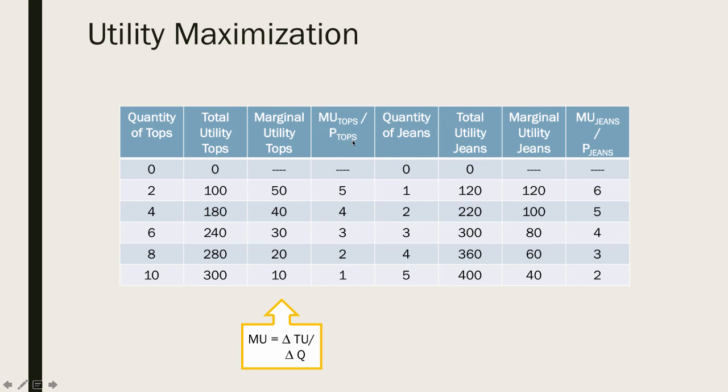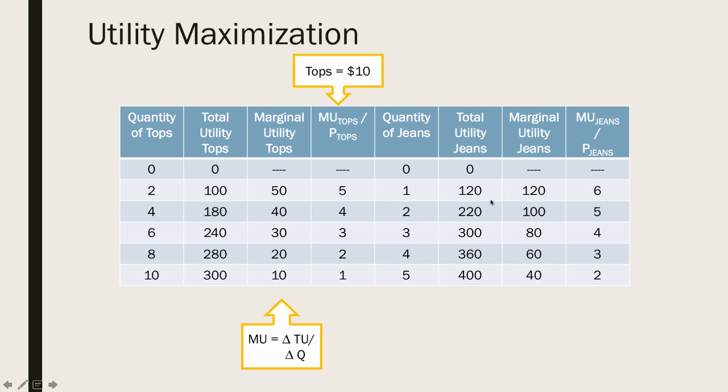My next column in my table is giving me my marginal utility of tops divided by the price of the top. Now we'll remember that tops are going to cost us $10 each. So what I've done is taken every value in this column and divided it by $10 to reach the values in this column. So 50 divided by 10 is 5, 40 divided by 10 is 4, and likewise.